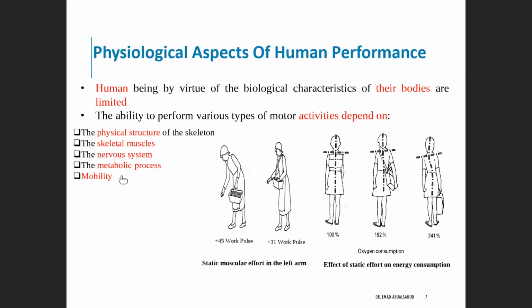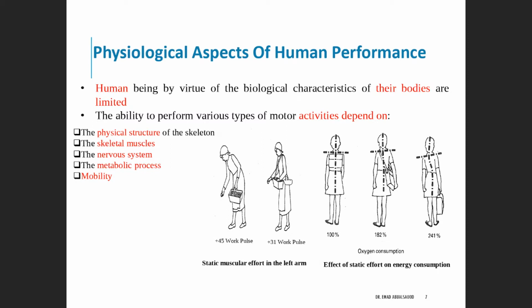They both depend on these factors, but the level is different. Okay, so here is an example of how the human body and the biological characteristics of our bodies are limited. Regardless, we are not talking about the maximum and lower, we're talking it's limited at the end.